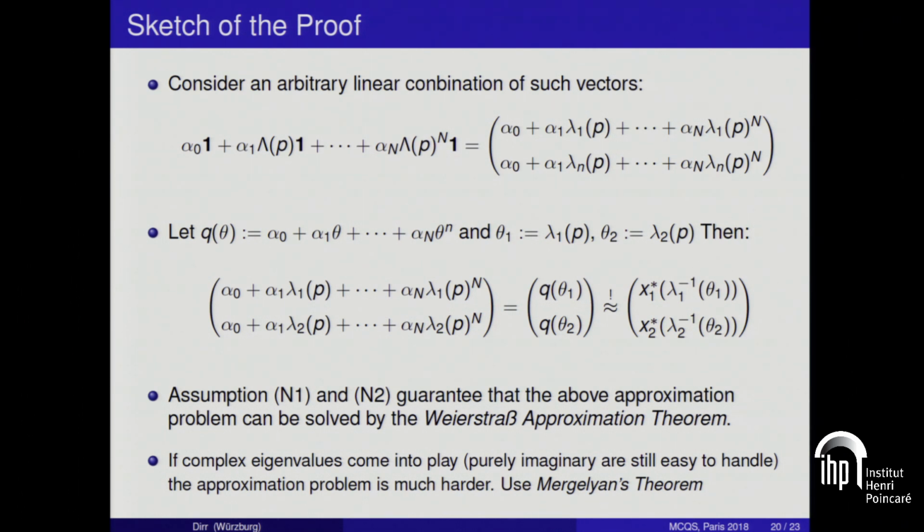People working in function theory know this result, but we did not. We had to search for quite a while for this approximation result by Mergelian, which still guarantees that you can do this. You have to use a polynomial only in C, not in C and C bar. C and C bar would be trivial. Then you could apply Weierstrass again.